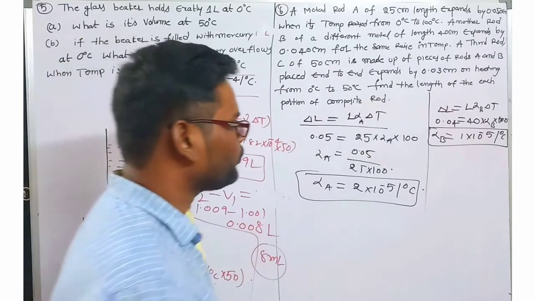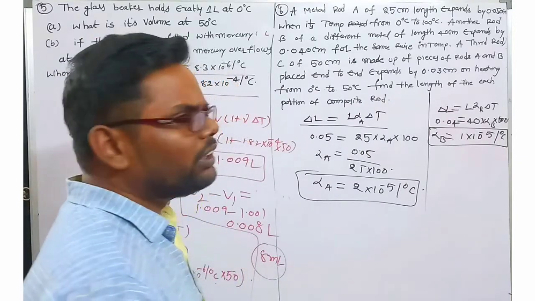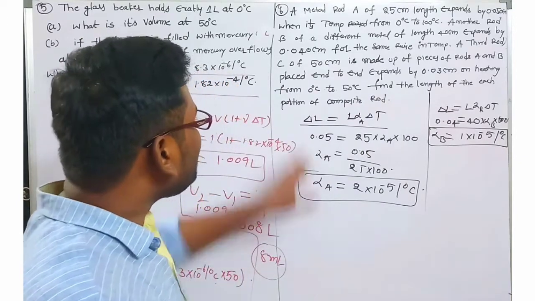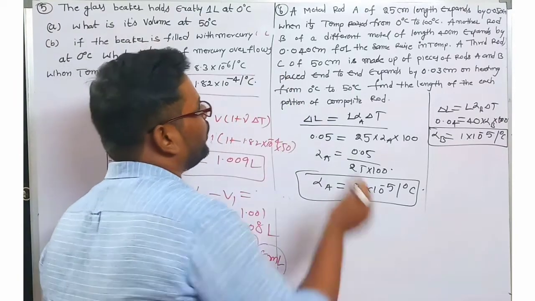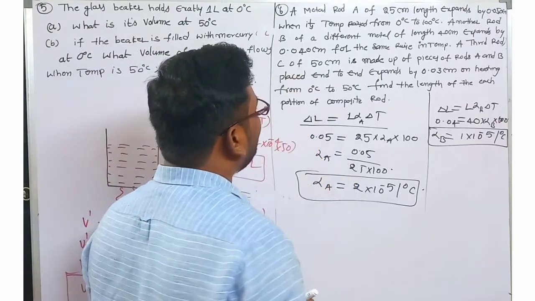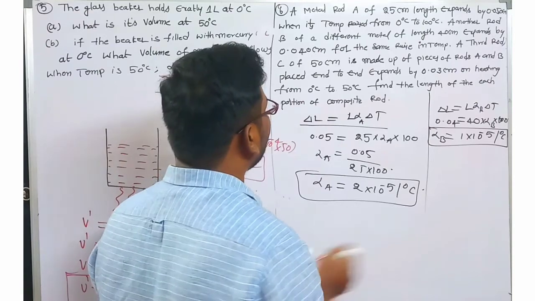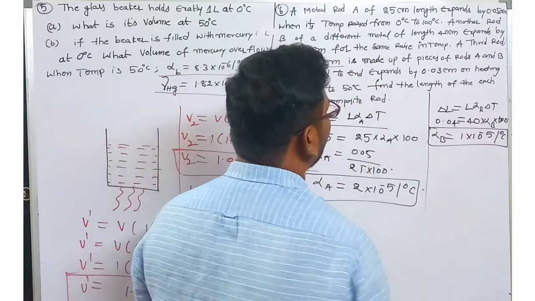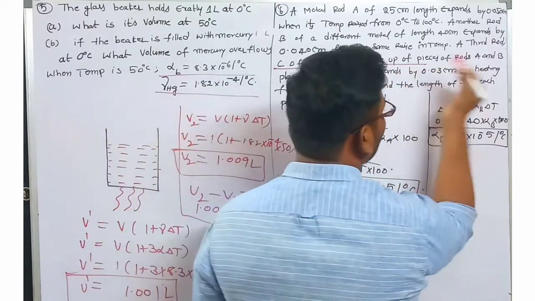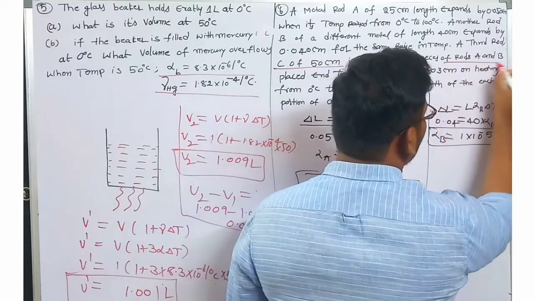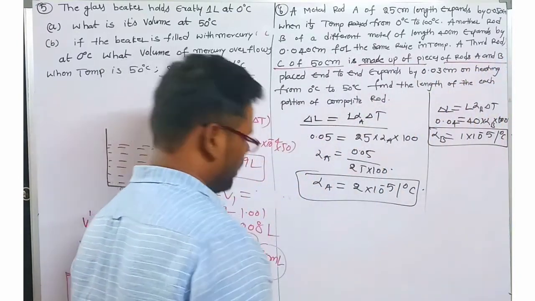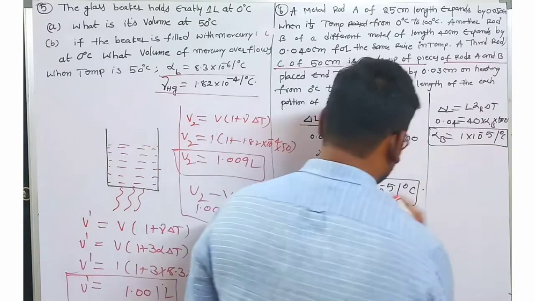Now in the third case C, the third rod C of length 50 centimeters is made up of pieces of rods A and B placed end to end like this, right.